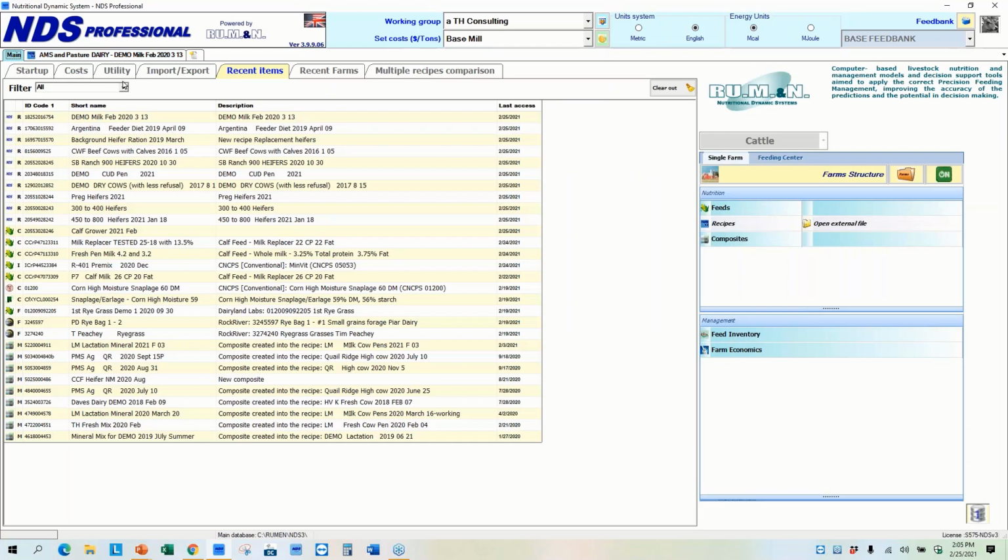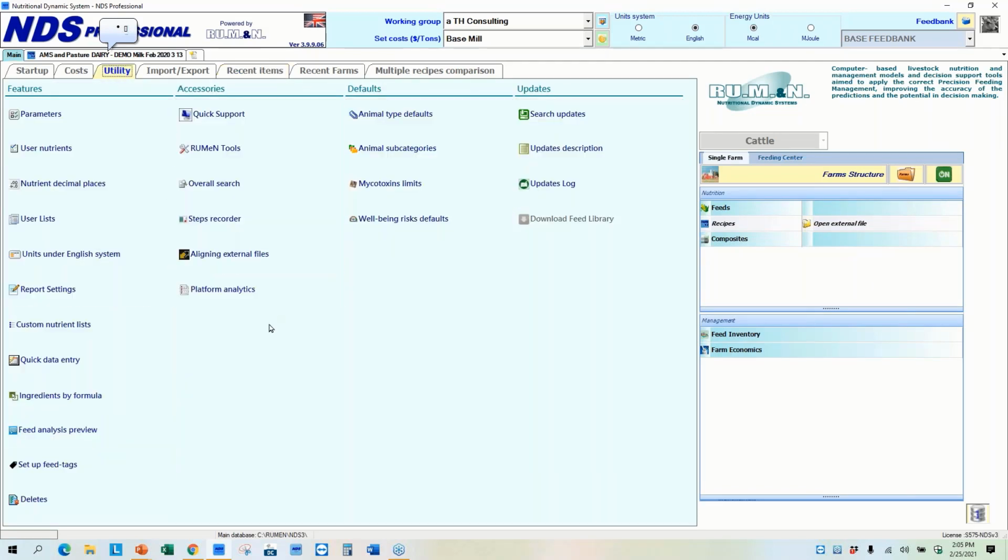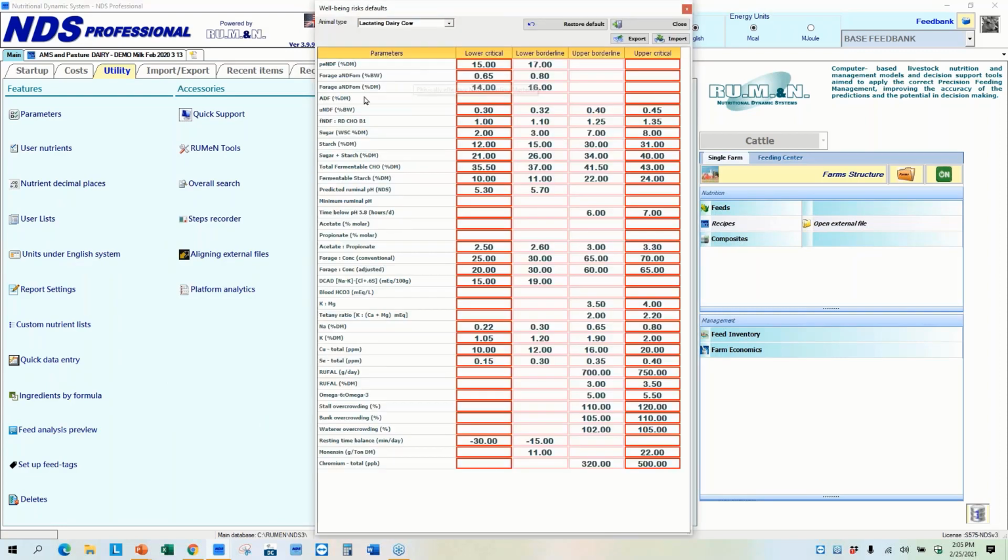is that in the systems we all deal with, we wanted to come up, years ago, with how we could define all the things that are in NDS to make sure that your cows stay healthy in one screen. And we came up with a well-being tab. And using this in the robot system can cause some problems because there are some compromises that you may do that you wouldn't do in a TMR.